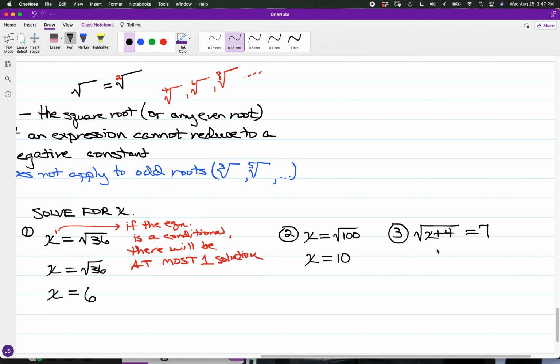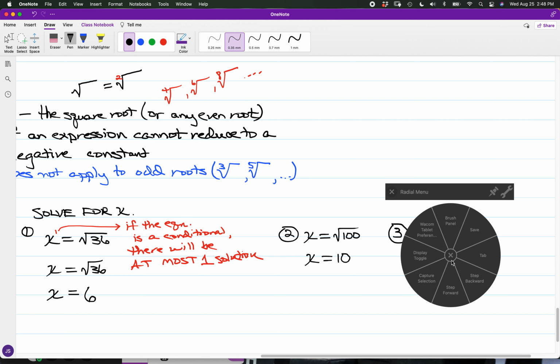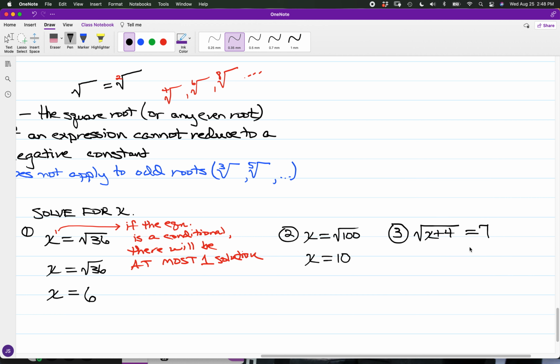So I have an even root radical, with the square root of x plus 4. So you have an even root of an expression, and here it's going to be reduced to a positive 7. Had this been a negative 7, there would have been no solution. But with the square root of x plus 4 equal to 7, I can solve for x.